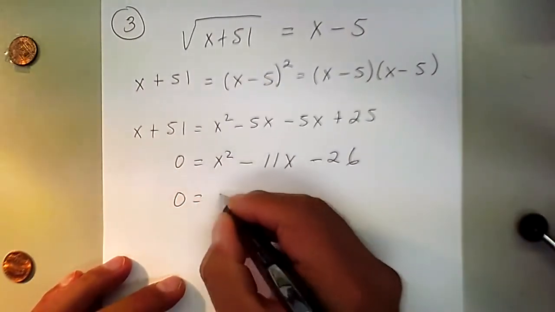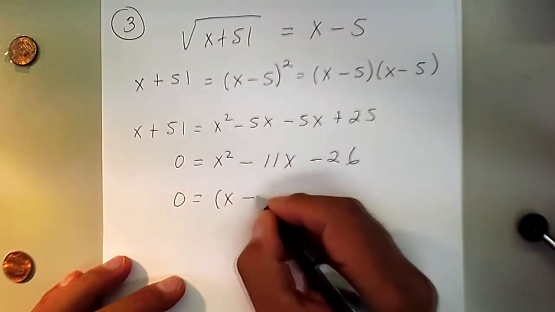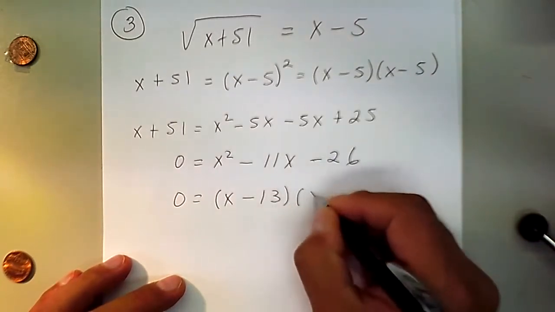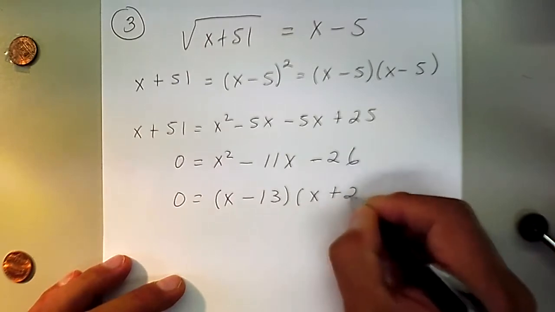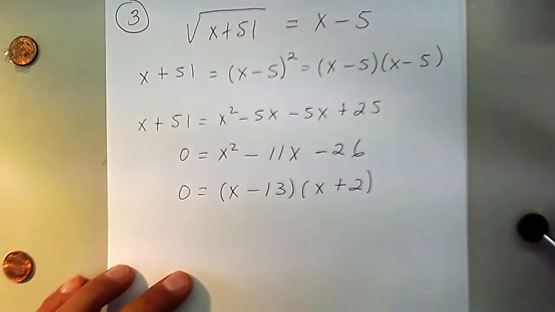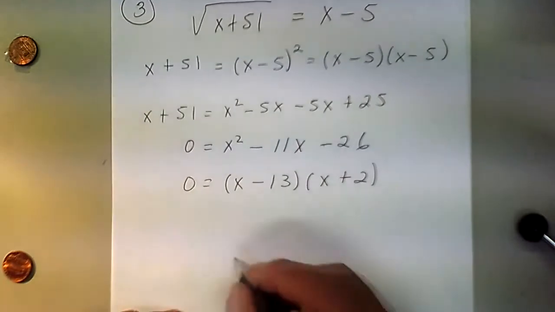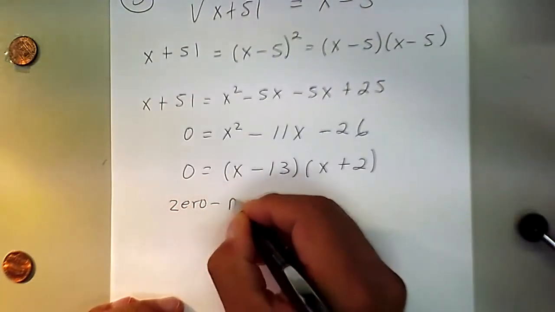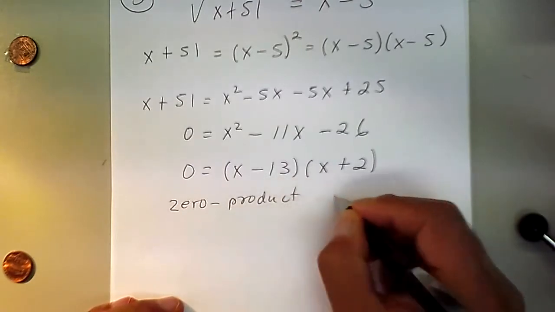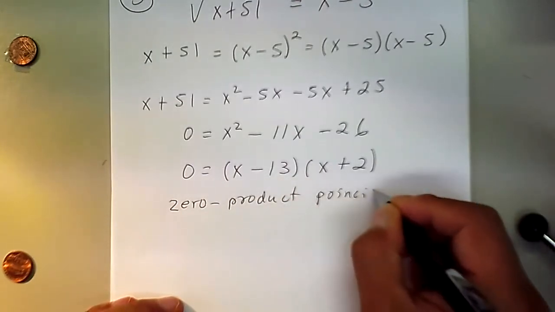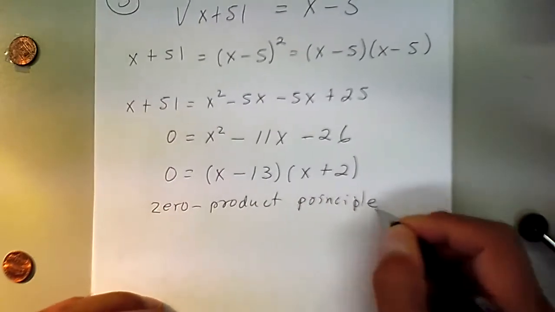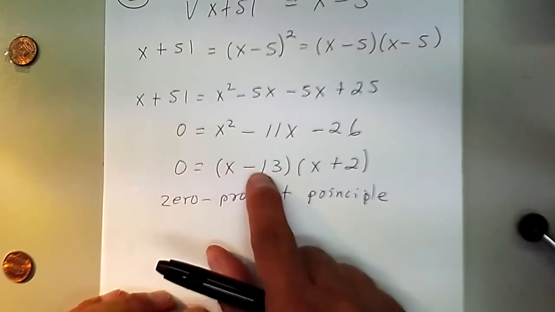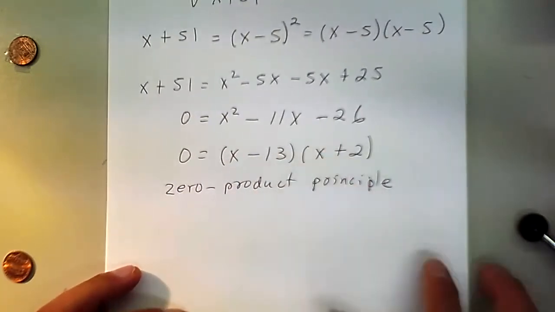So we can factor this: x minus 13 and x plus 2. And now we use, you know what we're going to use, the zero product principle, which states that if a product equals 0, then at least one of those two has to be 0.